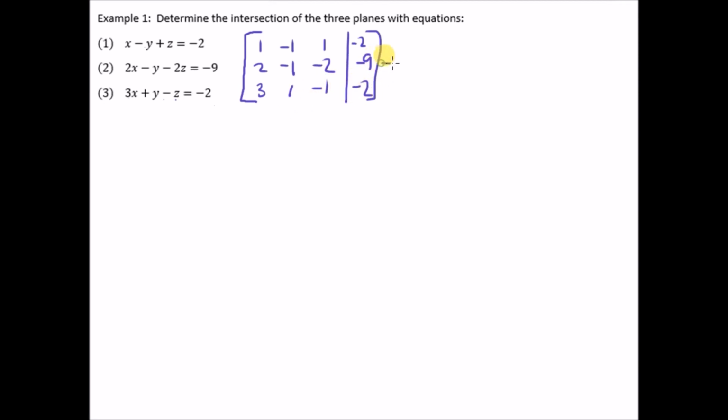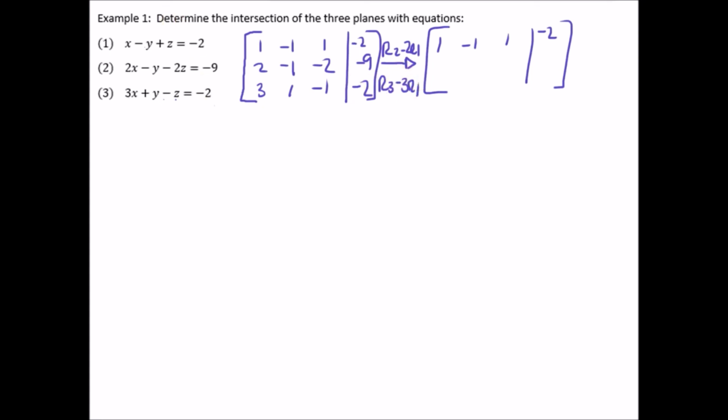In the next line, I'm going to rewrite equation 1 as it is. I'm going to take row 2 and subtract 2 of row 1, and I'm going to take row 3 and subtract 3 of row 1.